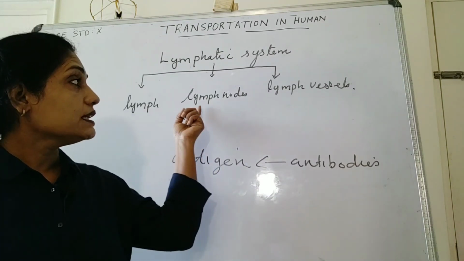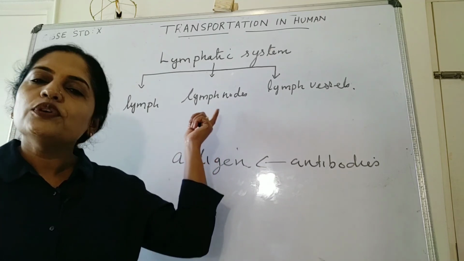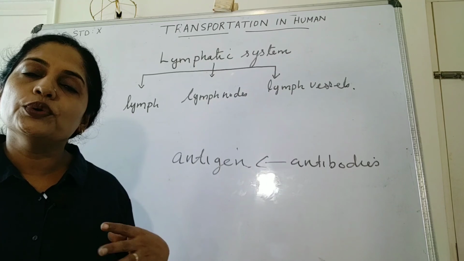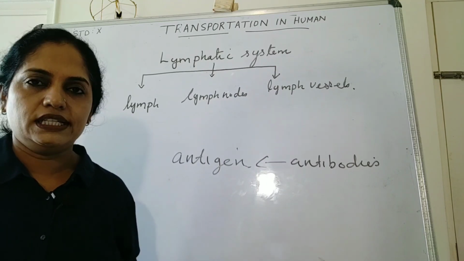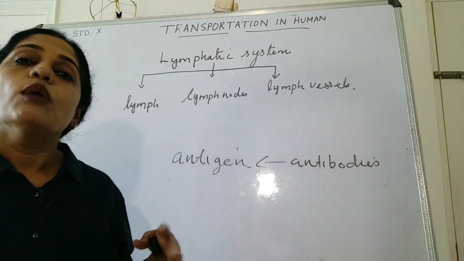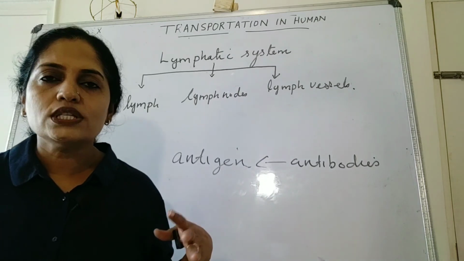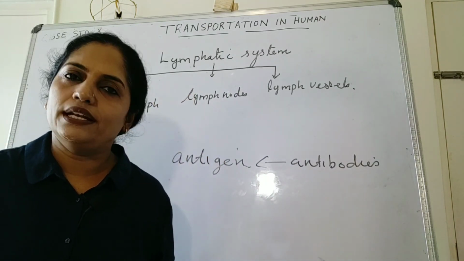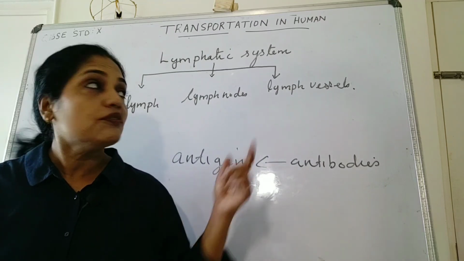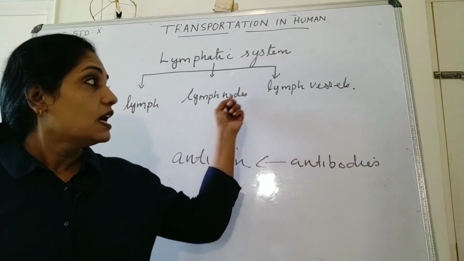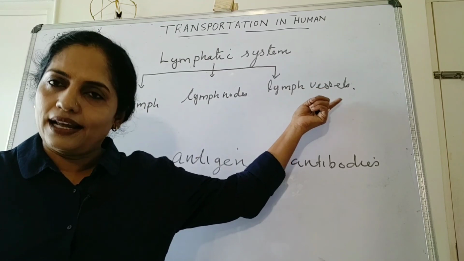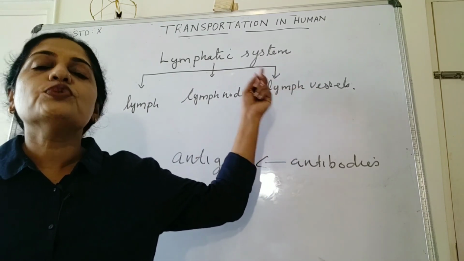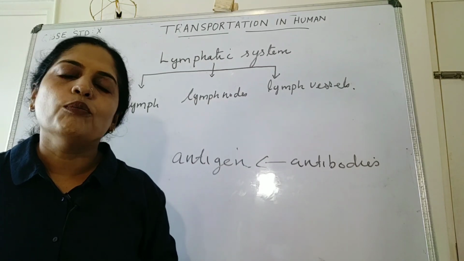The next component is lymph nodes. Lymph nodes are the location where these lymphocytes are produced in huge quantities. We can see more lymph nodes in the region of the neck, head, armpit and groin. From these lymph nodes, lymph vessels arise and these lymph vessels carry lymph to different parts of the body.